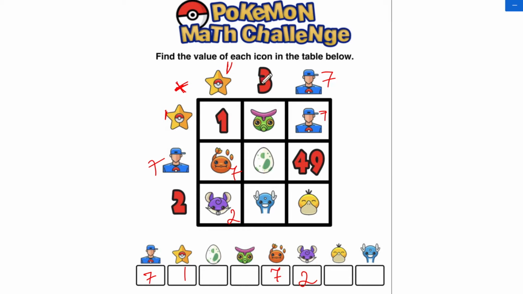And we have here 3 times 1 should be 3. 3 times 7 should be 21. 3 times 2 should be 6. And we only have this one left. 7 times 2 is 14. Okay, so that's your first activity for you.